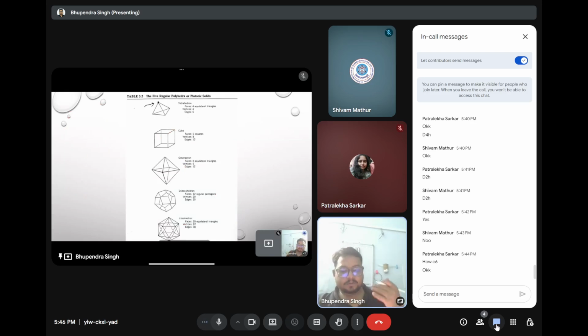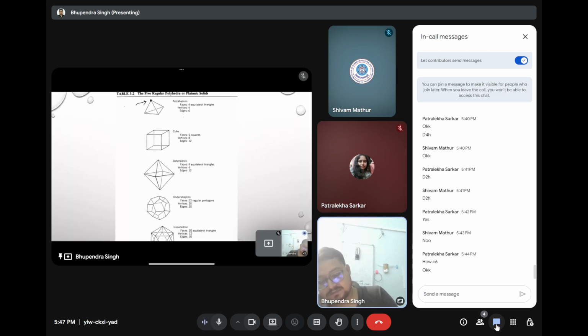But anyways, try to find the point group of these structures, polygons or polyhedron. So this is tetrahedron. Try to visualize this.